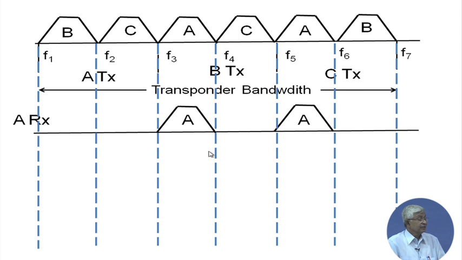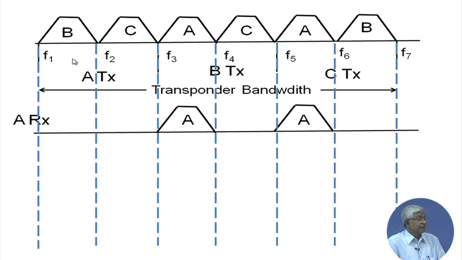So his filters will be at F3 center frequency with bandwidth and F5 center frequency with bandwidth. He need not have all the filters, because whatever traffic is meant for him, he will receive. Whatever traffic is meant for C, he should not receive. So he has to have filters at these points.